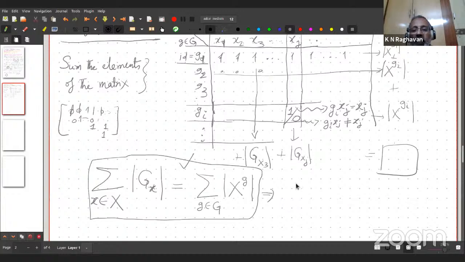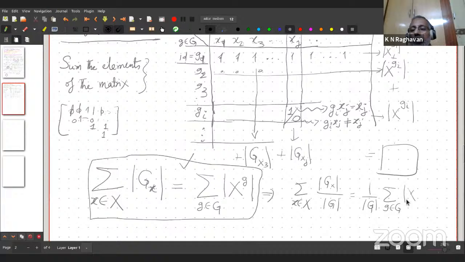So what do I get? Here x is in X. I divide by the order of G, and I keep it. I've just divided by the order of G on both sides. Here I have even taken it inside the sum.